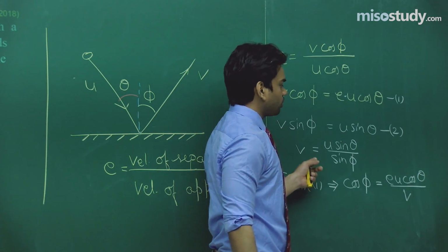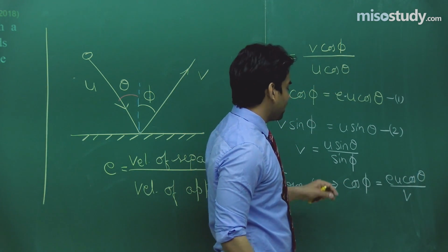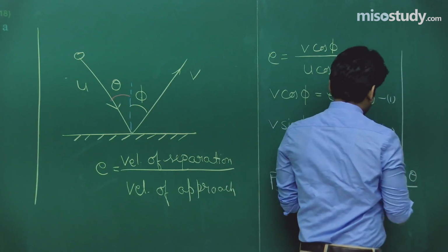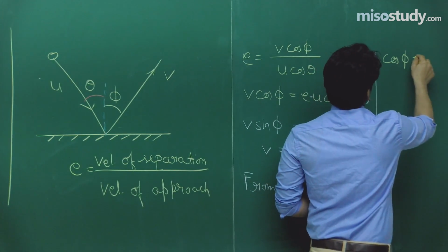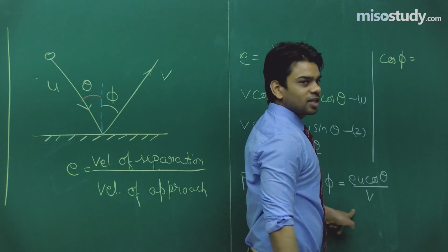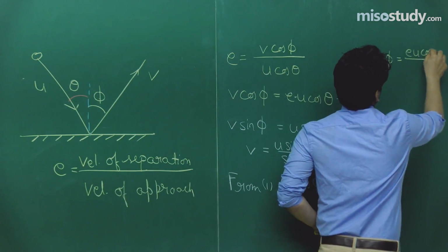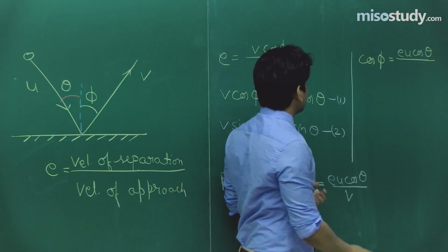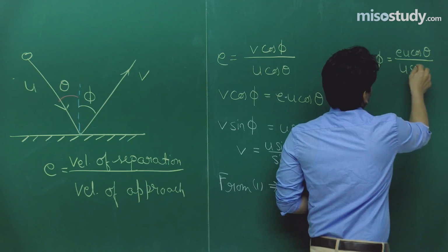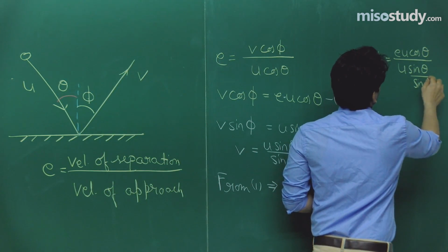Substitute the value of v from this equation, and you will obtain a relation that looks like this. Cos phi is equal to e u cos theta by v, where v is actually u sin theta by sin phi.